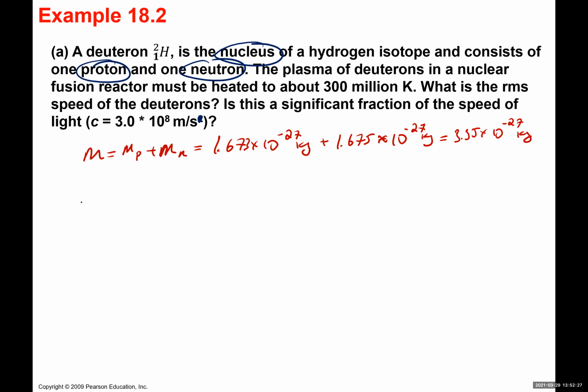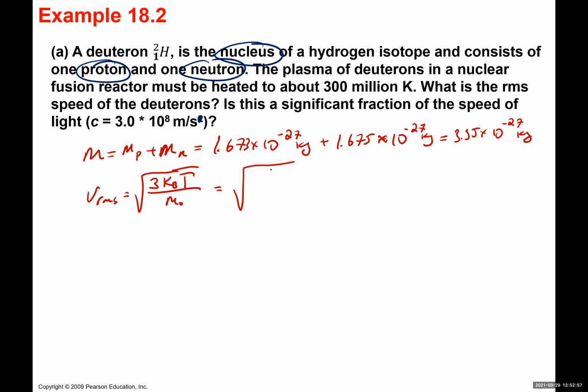Then I can say VRMS is equal to the square root of, remember there was an equation where we can use the mass, right? Sorry, actually the half cancels out. So 3 kBT over the mass, like this.